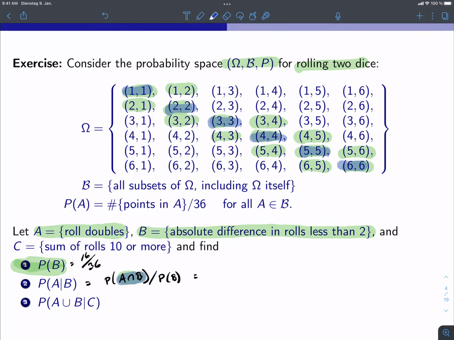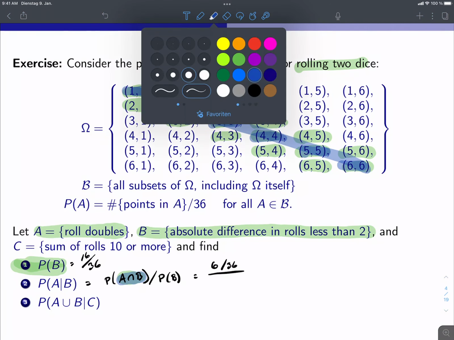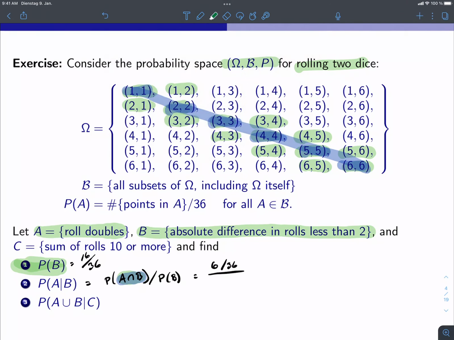So if I take A intersect B, it's actually just the set A. So I get 6 out of 36 in the numerator. And in the denominator, I have the probability of B, which was this 16 out of 36. The 36's cancel, so I get 6 out of 16.